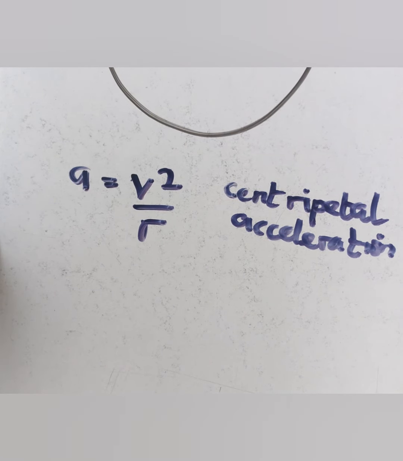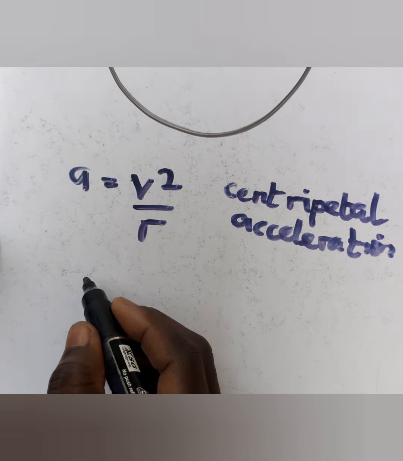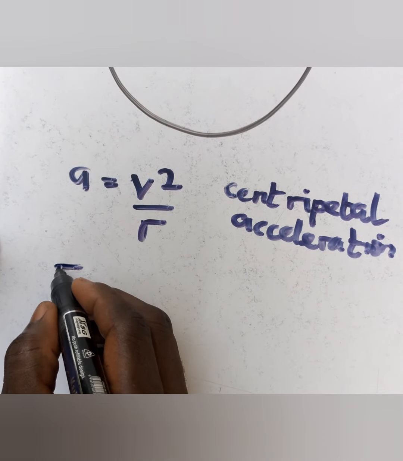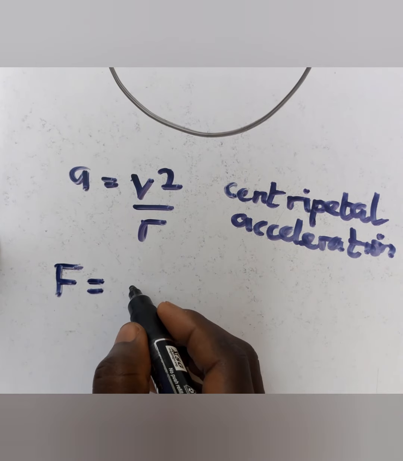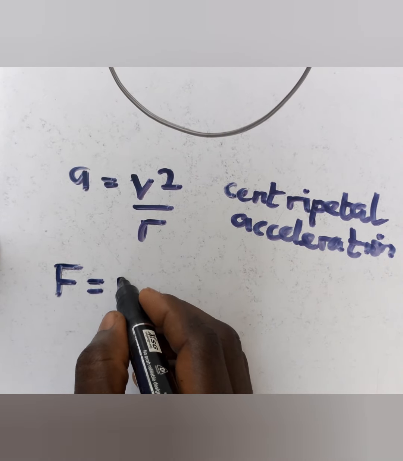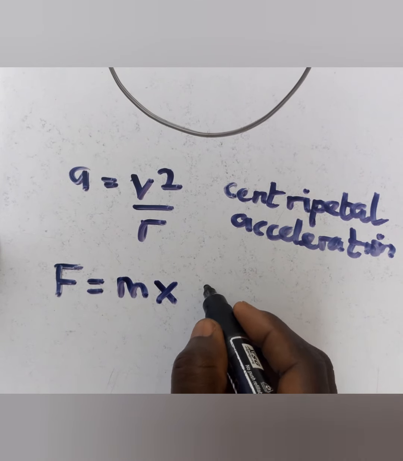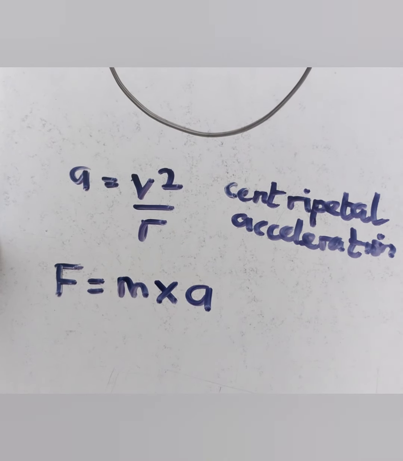All right, because it has acceleration, it will also have a force. And don't forget, force F is equal to the product of the mass and the acceleration of a body.